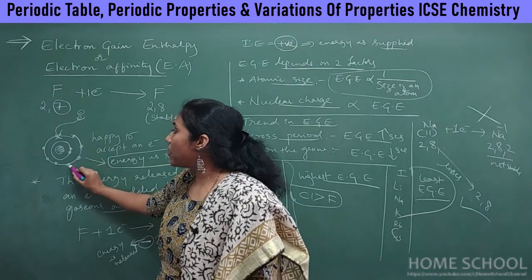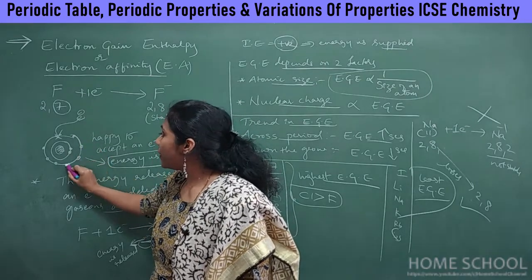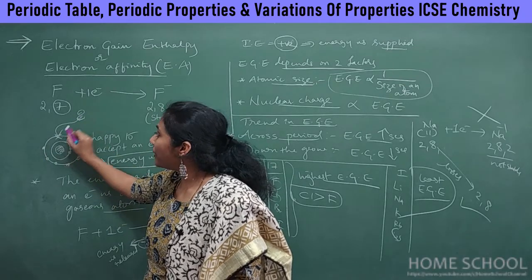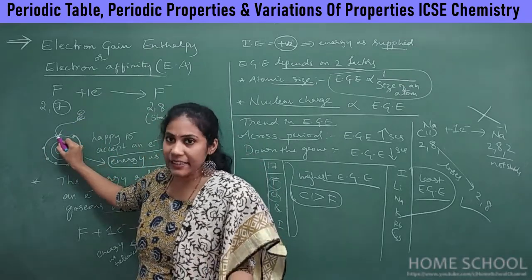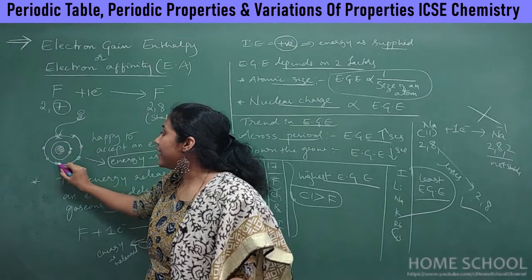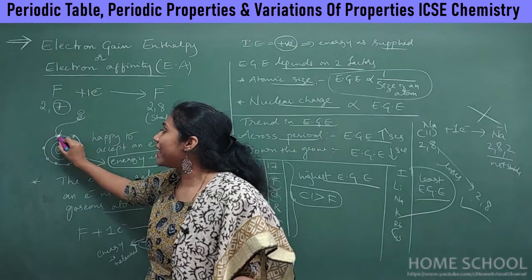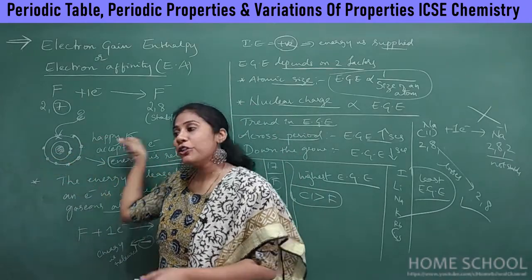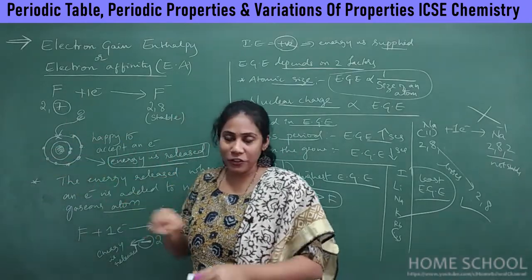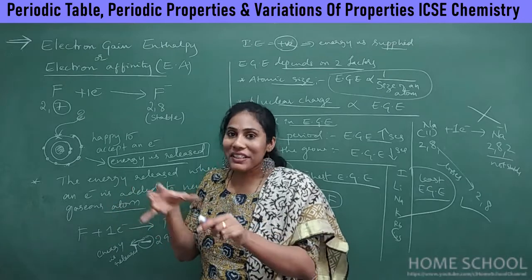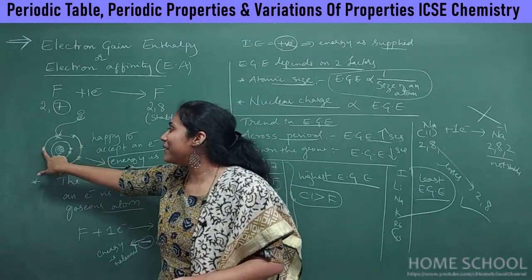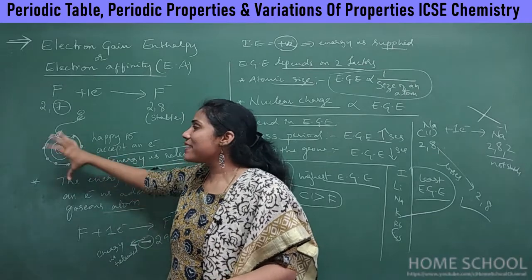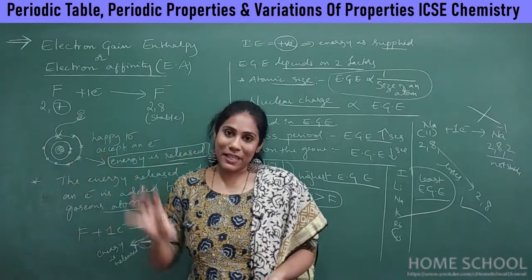The second shell is a small shell. Already it is filled with 7 electrons, and the 8th electron can stay in the shell, but the old electrons will fight with the new electron. They say, we do not have a place here, you have come, you just get lost. That inter-electronic repulsion you will observe between old electrons and the new one. So that again makes the fluorine atom unstable.